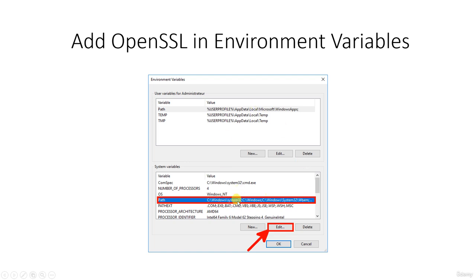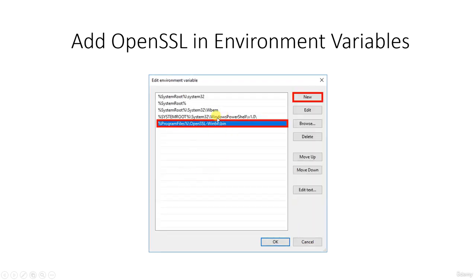If you don't find it here, it may be at the bottom or up, so make sure you check the path variable. Simply click edit. Make sure you first select the path, otherwise you cannot edit. Select path, then edit, then it will ask you to add this. It will be blank, so make sure you create new, and after creating new, you can type. So make sure you type similarly to this.